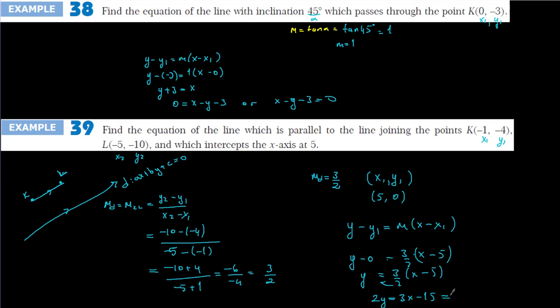So you can get this one here: minus 3x plus 2y plus 15 is equal to 0, or 3x minus 2y minus 15 is equal to 0 will be the equation of the line. Both of them are the equation of the same line; only this one I multiplied by minus 1 and I got the same thing.